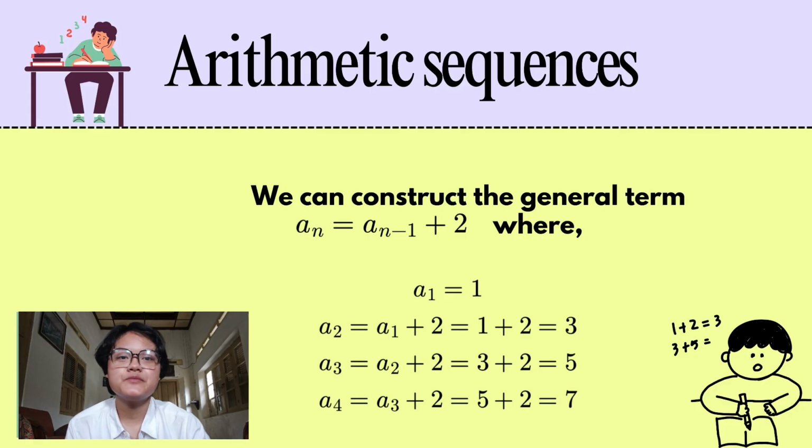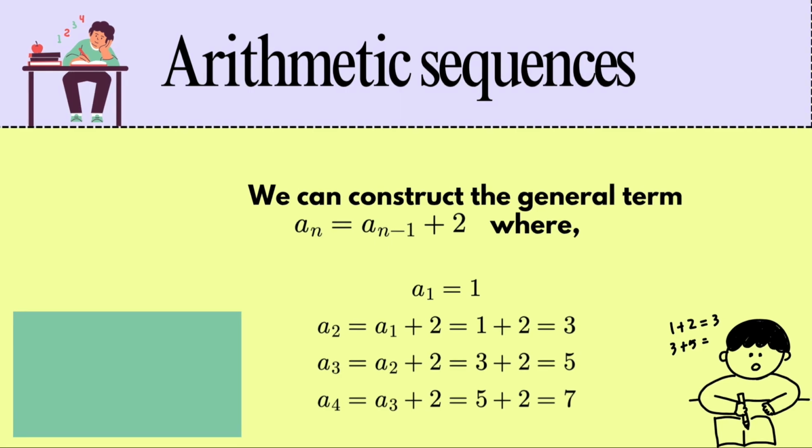Next, a sub 3 equals a sub 2 plus 2, and since a sub 2 is 3, we calculate 3 plus 2 is equal to 5. Then a sub 4 equals a sub 3 plus 2, and because a sub 3 is 5, we get a sub 4 is equal to 7 from 5 plus 2.